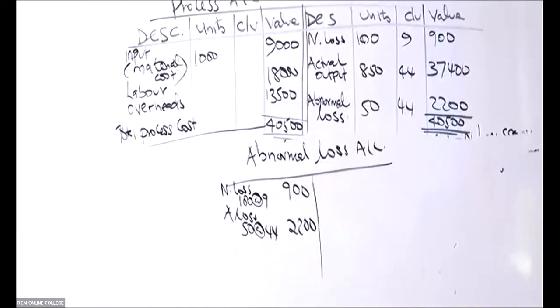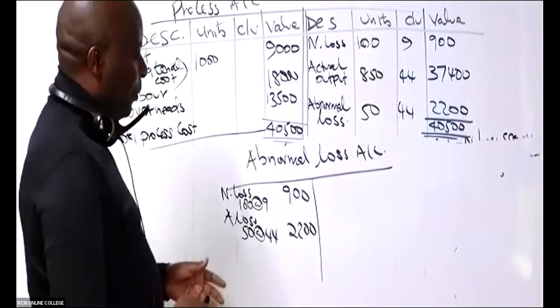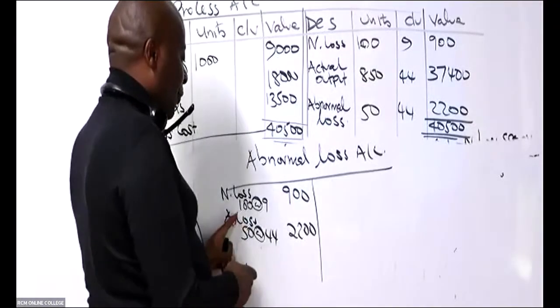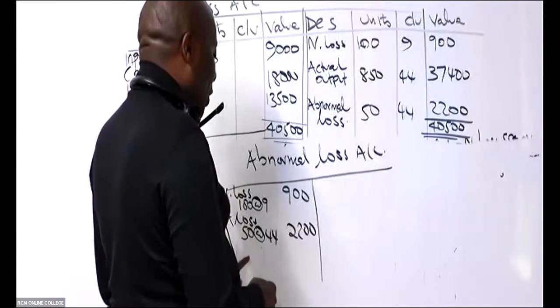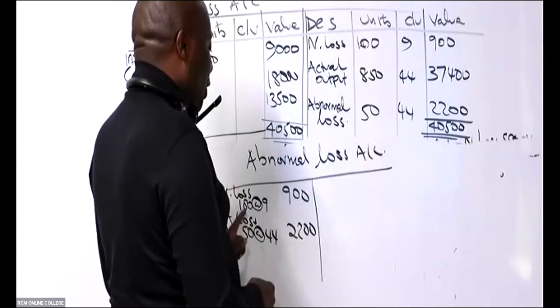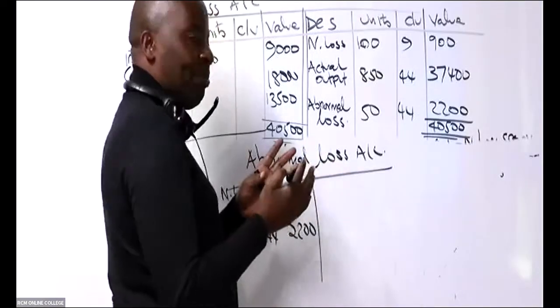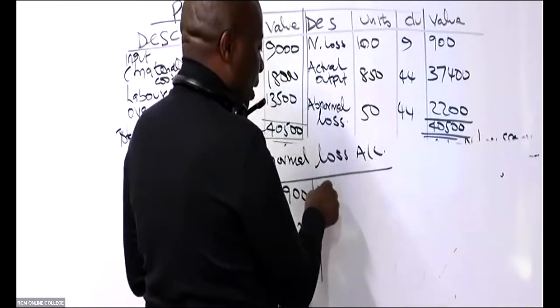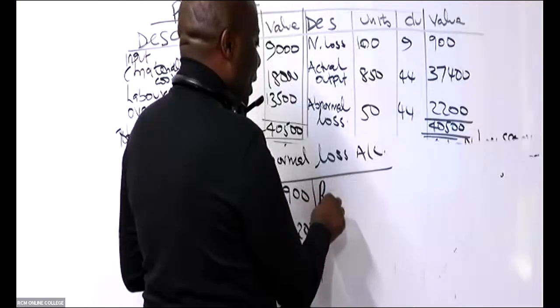Now, ladies and gentlemen, please listen. How many units do we have representing the loss? Total loss will be 150. So these total loss units, we shall scrap them. We sell them and we receive money through the bank. So we debit bank account, we credit this account by saying bank.